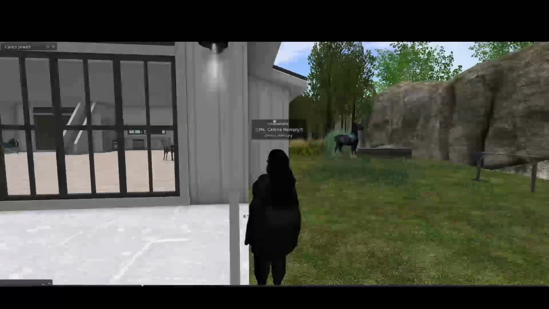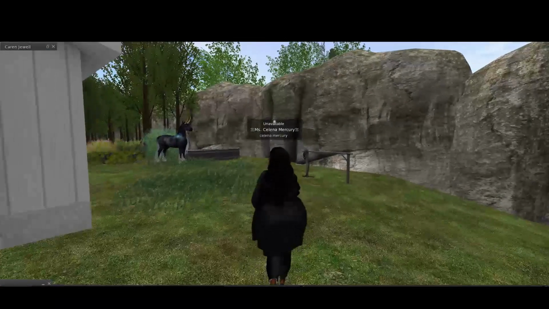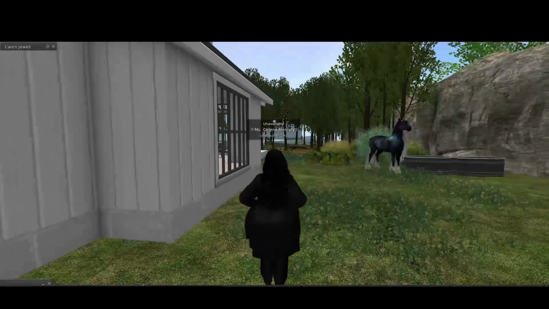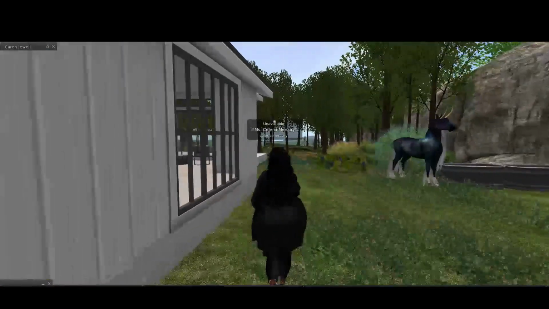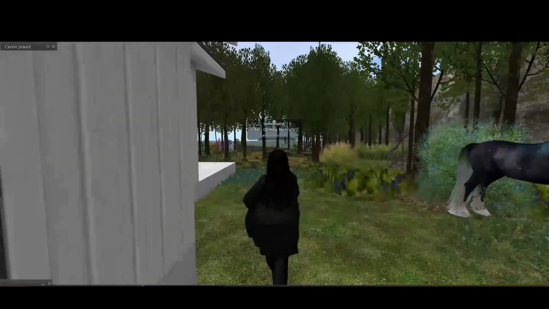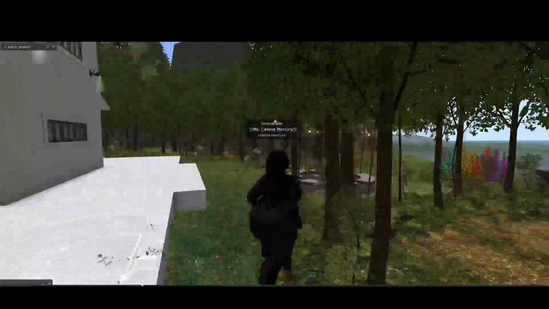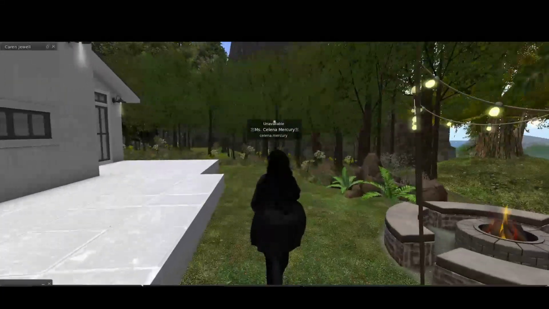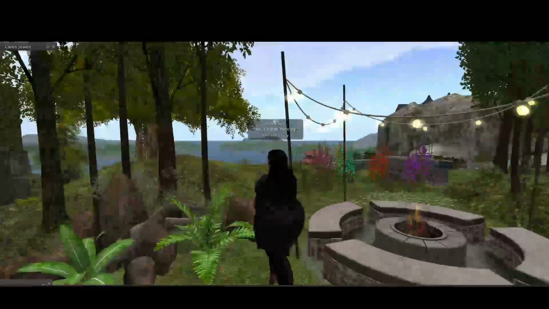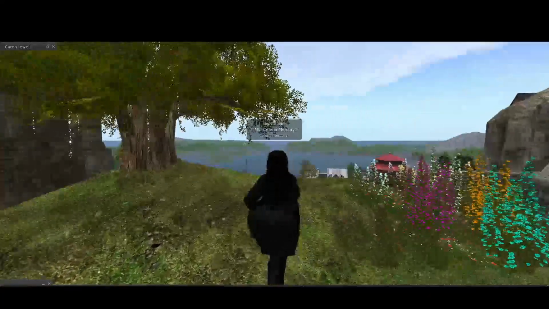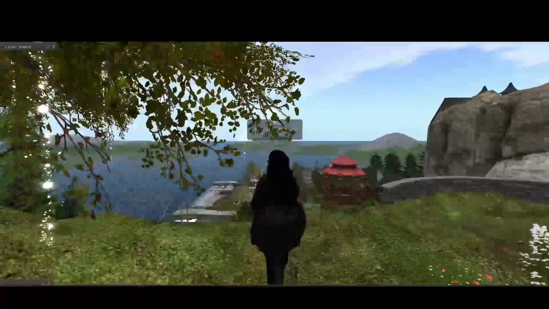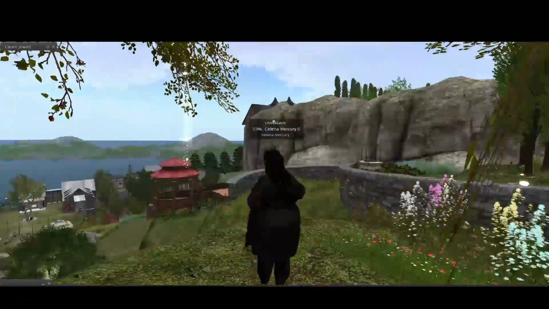Looks like your neighbors are all of a let's-flow-together mindset. Your view is fantastic. It's hard to even believe that this is mainland. This is absolutely stupendous.